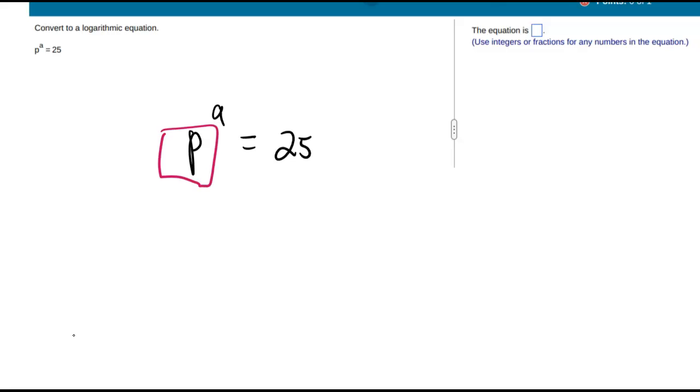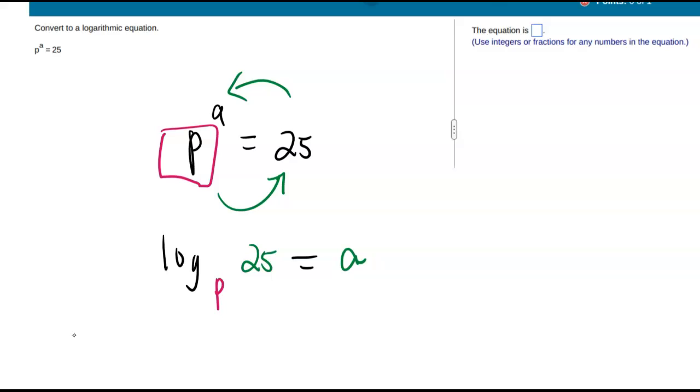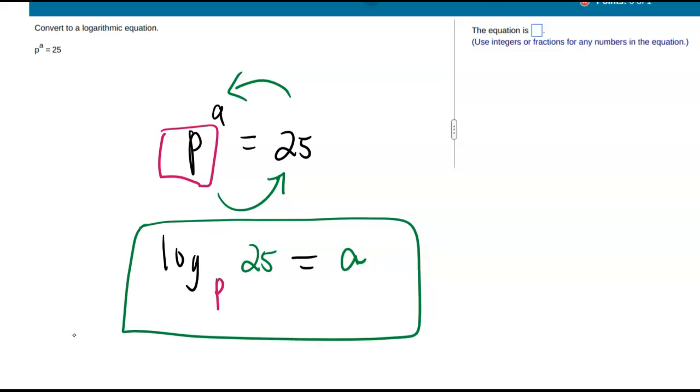So in the logarithmic form, the base will also be p. And then go around the world. So log base p of 25, put your equal sign, and then go back around the world, equals a. So the answer, the logarithmic equation, is log base p of 25 equals a.